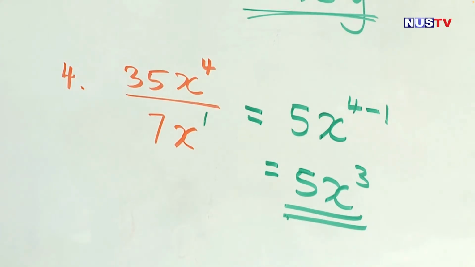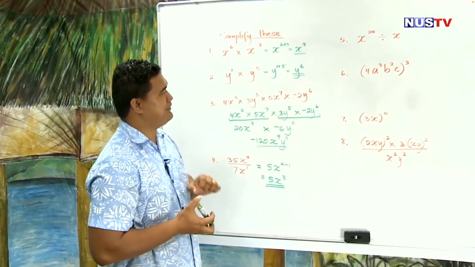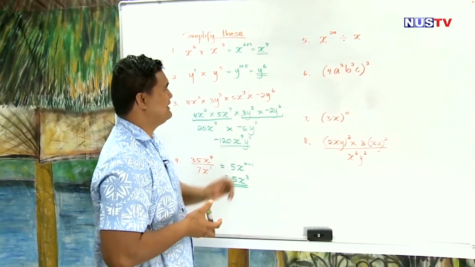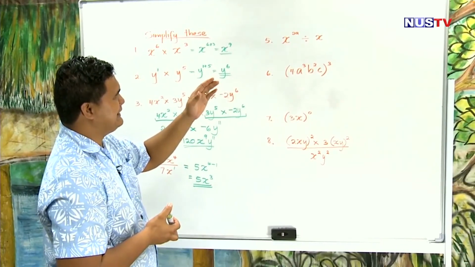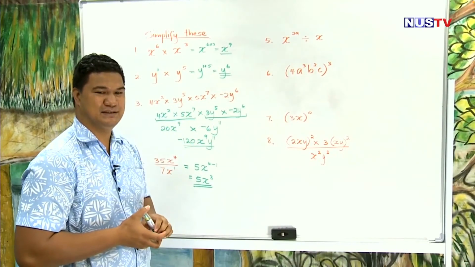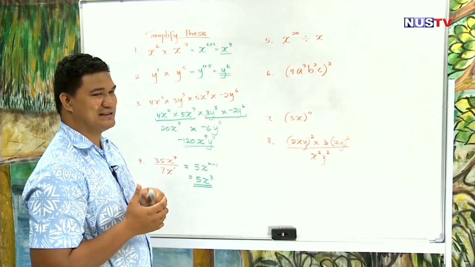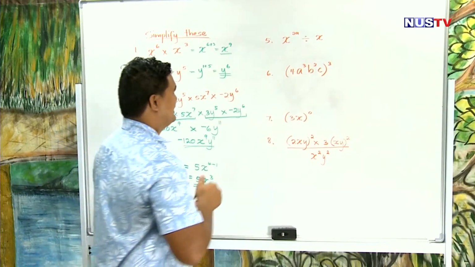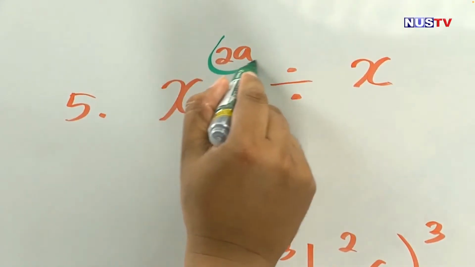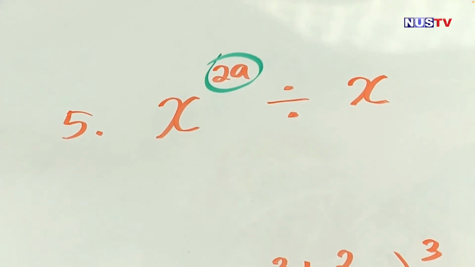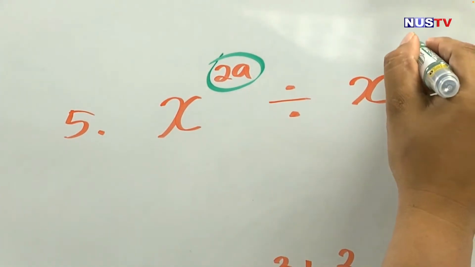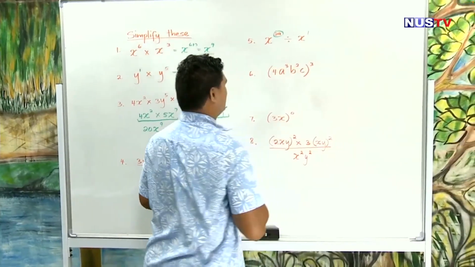So let's have some more examples. Our number 5 talks about x to the power of 2a divided by x. It doesn't matter what our powers are. Now our power here is 2a, something a little bit different, and the power of this x is equal to 1.